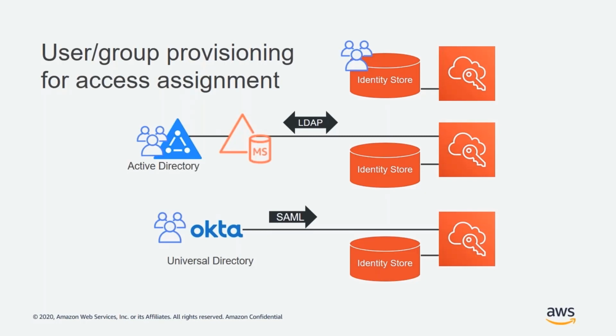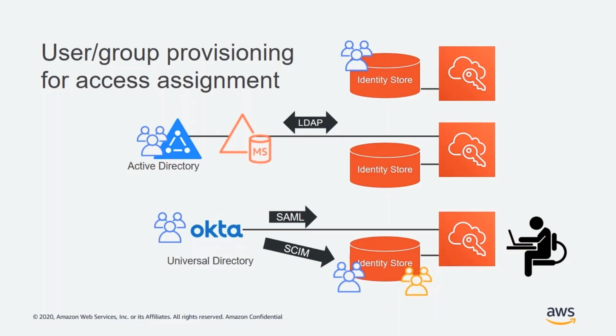In this case, you have to provision the users into the AWS SSO Identity Store so AWS SSO can read them. The best way to do this is to automate provisioning using the SCIM protocol. You can use this method with compatible IDPs, including Okta Universal Directory and Azure AD.